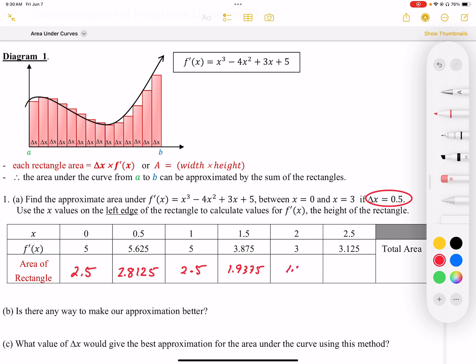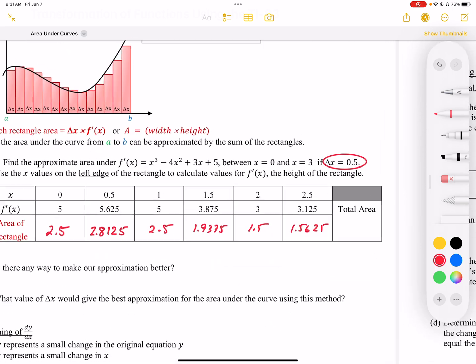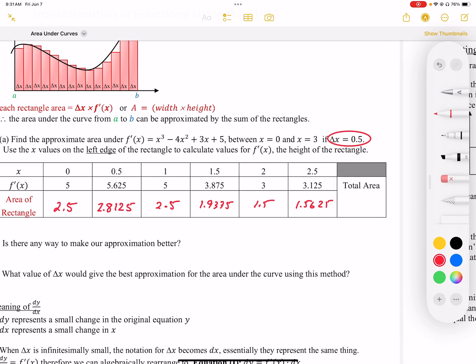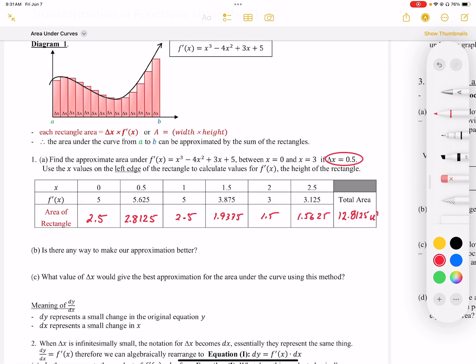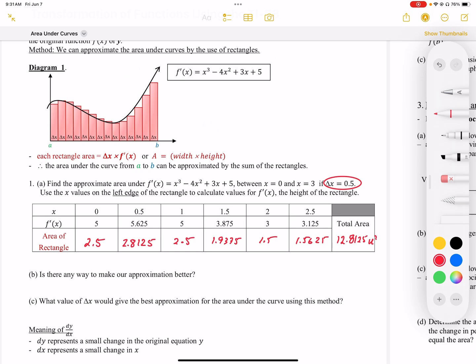And here we get 1.5. And here we're going to get 1.5625. Okay, and then using our calculator, we can add this all together, and we should get 12.8125. That's going to be square units. So that area under that curve, we're going to say is approximately 12.8125.